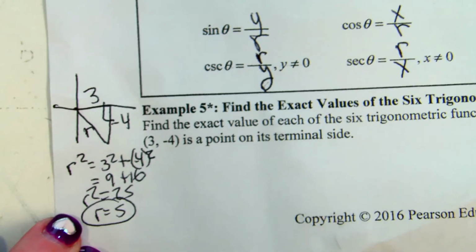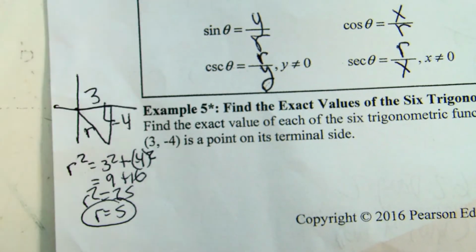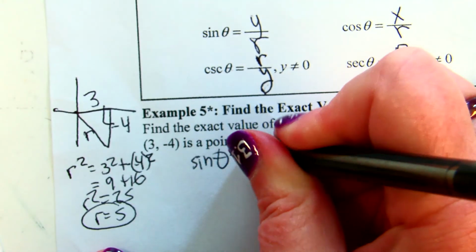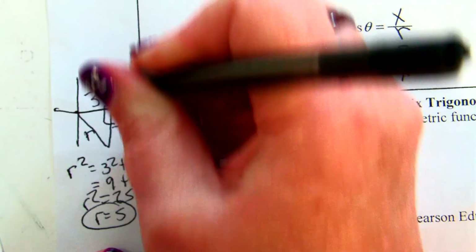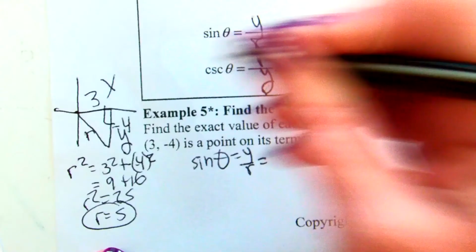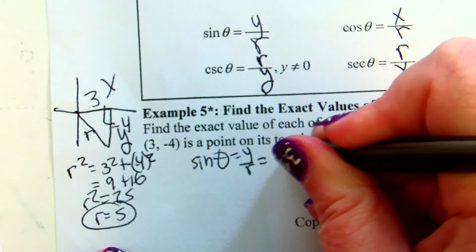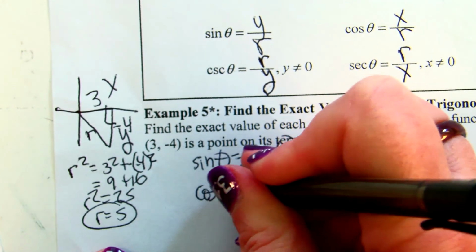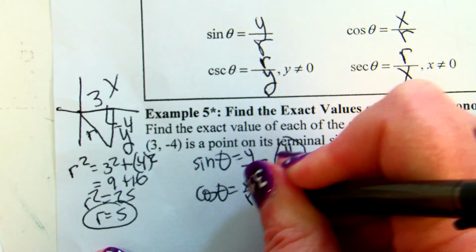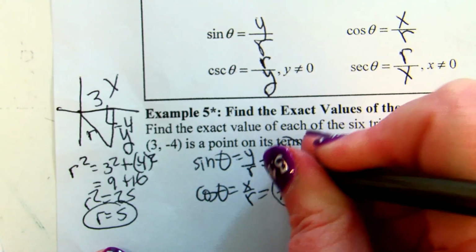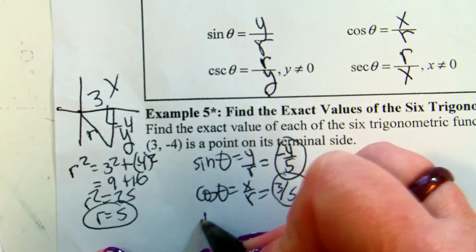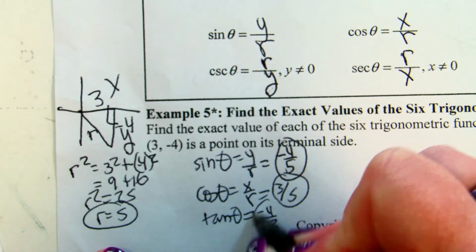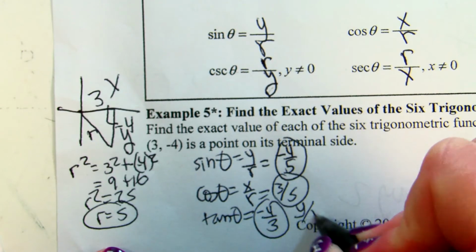So it's 5. If we're going to find sine theta, it's y over r. This is x, this is y, this is r. So it's -4 over 5. Cosine theta is x over r, so it's 3/5. Tangent theta is -4/3 because it's y over x.